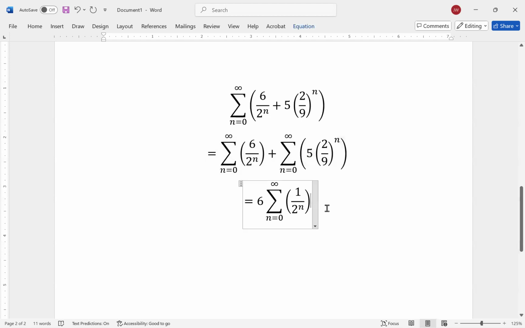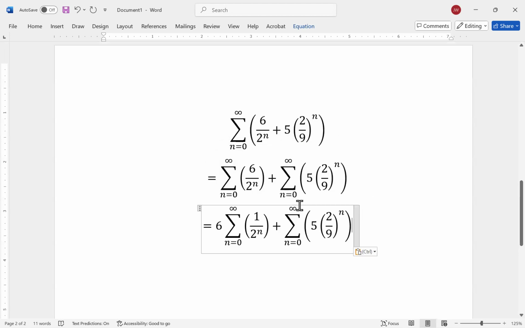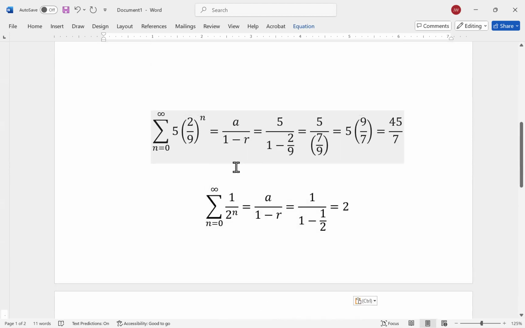And this second series is something that I've already found the sum of. If I look back to what we've done earlier, I saved these. The infinite sum starting at n equals 0 and going to infinity of 5 times 2/9 to the n was 45 over 7.